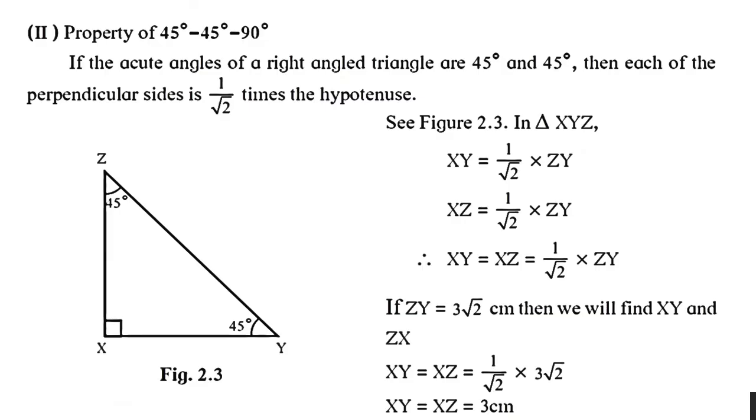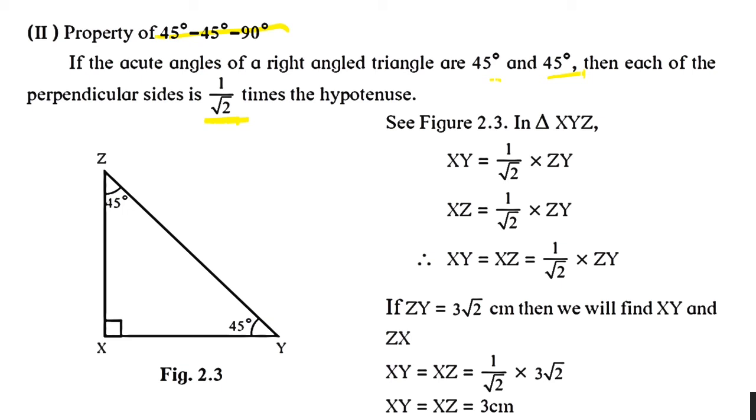Next is the property of the 45, 45, 90 degree triangle. What is the statement? If the acute angles of a right angle triangle are 45 and 45, then each of the perpendicular sides is 1 upon root 2 times the hypotenuse. It means XY is 1 upon root 2 times ZY.